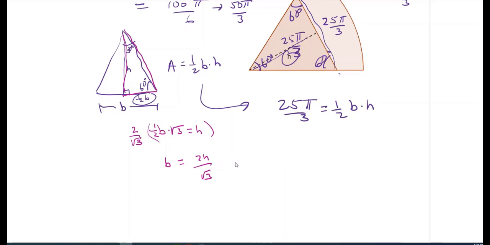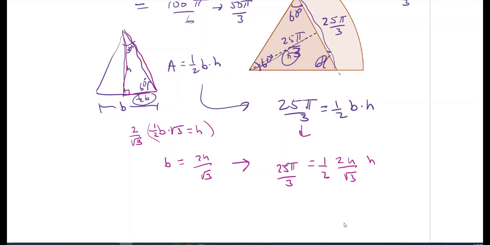I'll rationalize it later. And so that means if I take this equation and this equation and put them together, I get area equals 1/2. For b, I'm going to use 2h over root 3, and for h, I'm going to use h, because that's what I'm looking for. And this I was 25, so I'm really not using this. I'm using this. Sorry, it's 25 pi over 3.